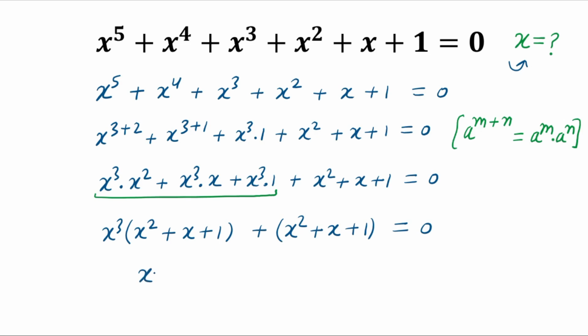If we take common x square plus x plus 1, then you will get here x cube plus 1 is equals to 0. Now in left hand side we have x square plus x plus 1 multiplied by x cube plus 1, and this is equals to 0.